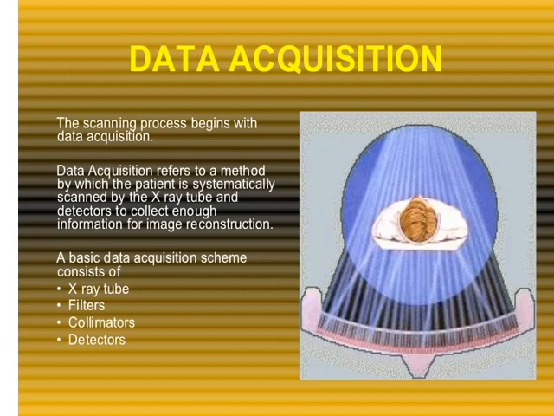The first step is data acquisition. The scanning process begins with data acquisition. It is a method by which the patient is systematically scanned by the X-ray tube and detectors to collect enough information for image reconstruction. A basic data acquisition scheme consists of an X-ray tube, filters, collimators and detectors.